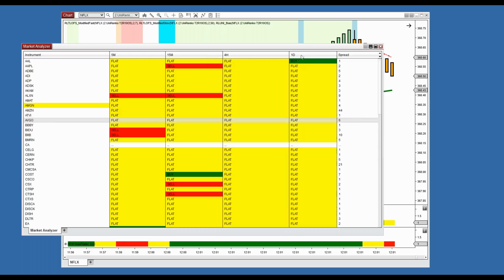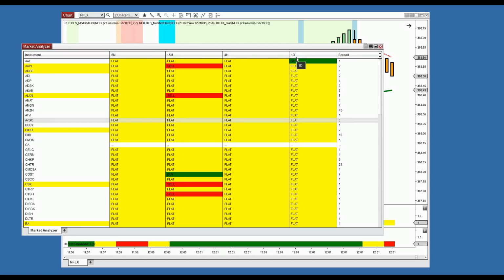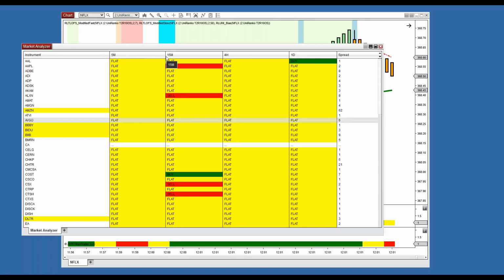If you don't want to swing trade, you don't need a 4-hour and a 1-day. If you want to scalp, maybe you need a 1-minute and a 5-minute. But that's up to you. If you want the analyzer, we will set it up for you and put in all of the right inputs.